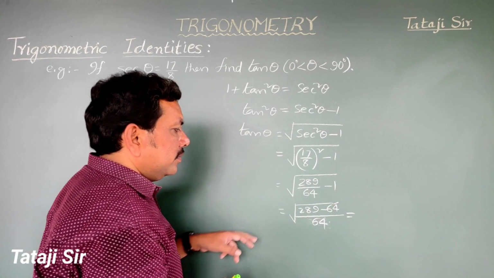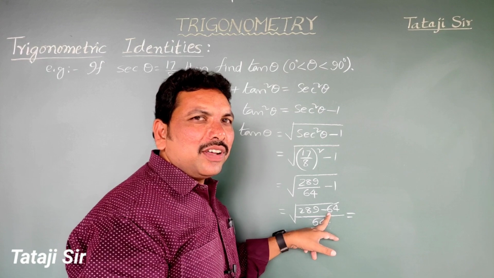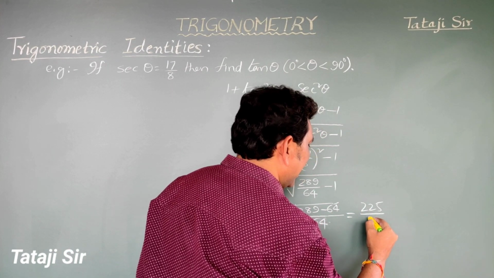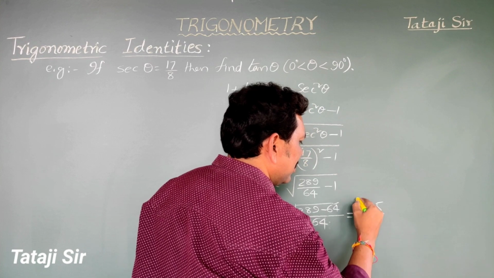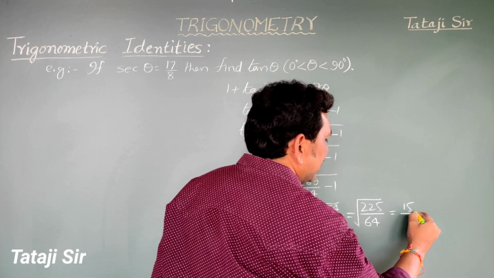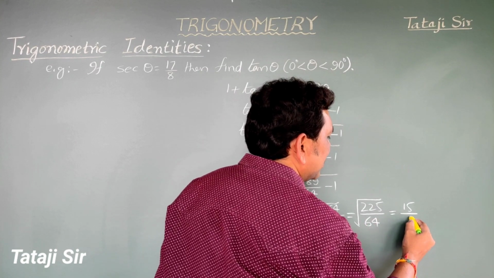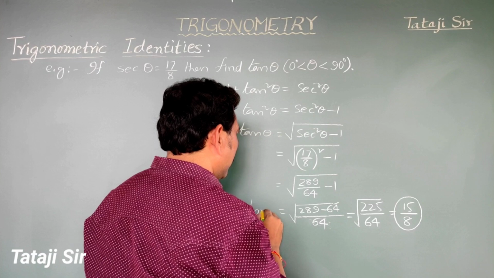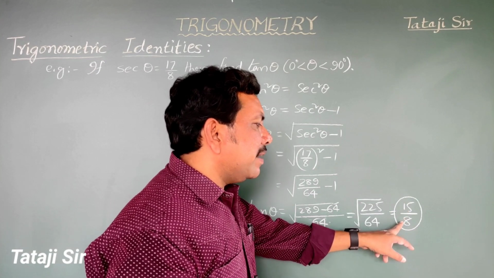That is equal to 225 by 64. Root 225 is 15 and root 64 is 8. So tan theta is equal to 15 by 8.